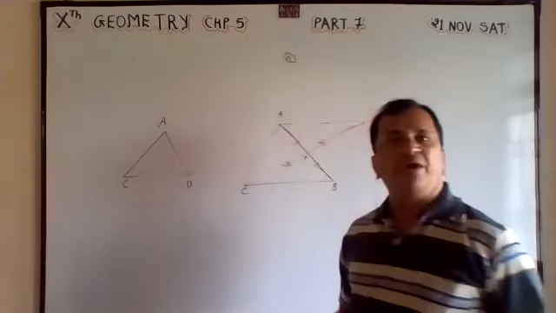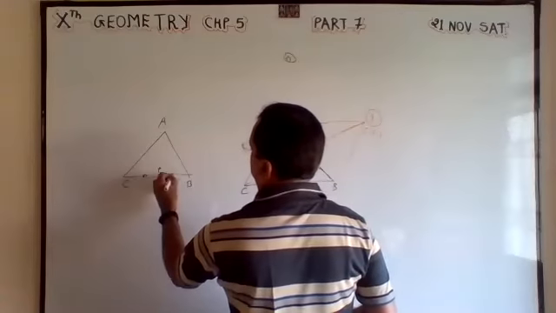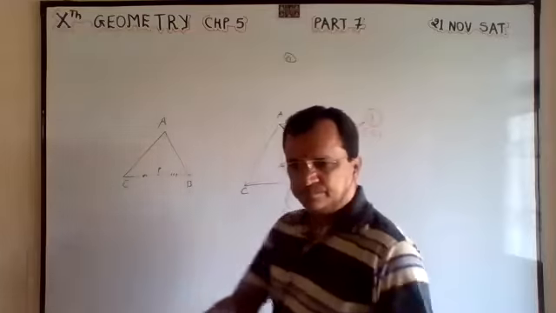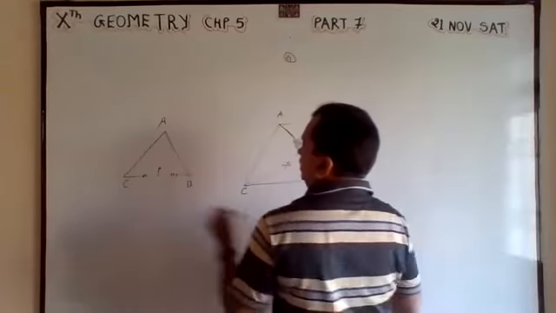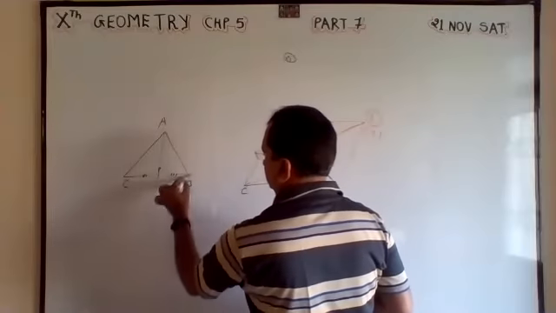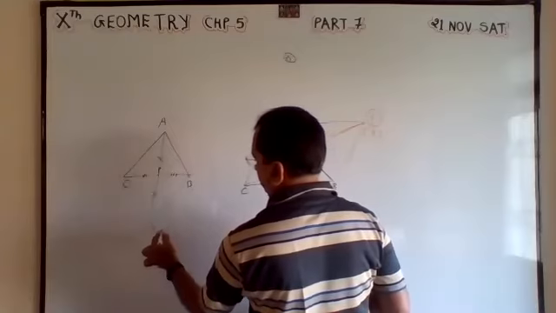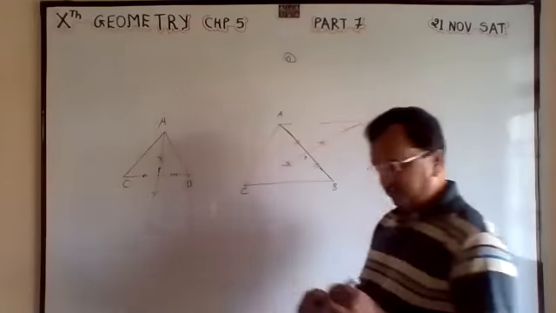Now I will take a midpoint on BC. So these two are equal. Now this is equal to this. So now it is a parallelogram. So position number 2, you have to find out.